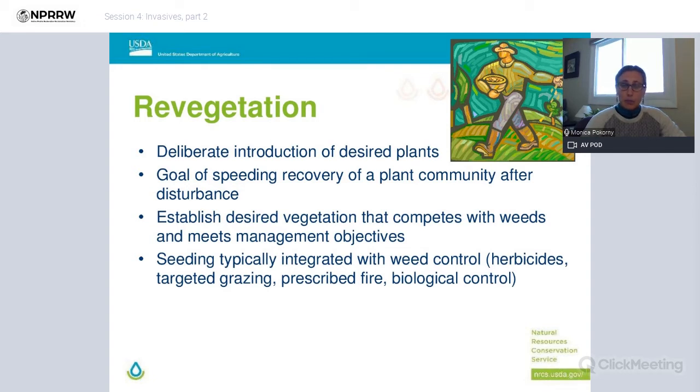We might also want to establish desired vegetation that competes with the weeds more readily than maybe other species that are already there, and also introduce any other plants we want to help meet our management objectives. Revegetation is usually done in combination with some of our other tools that we have for weed control, including herbicide, targeted grazing, fire, and biocontrol.